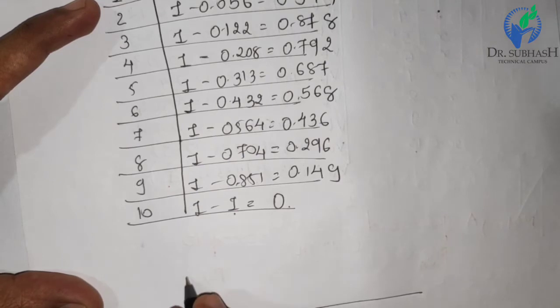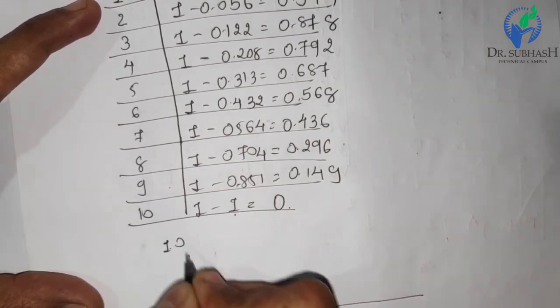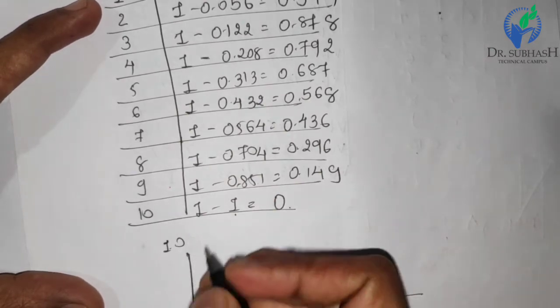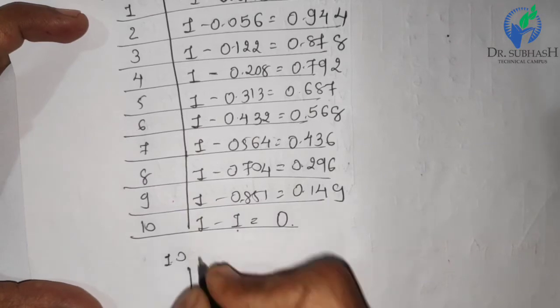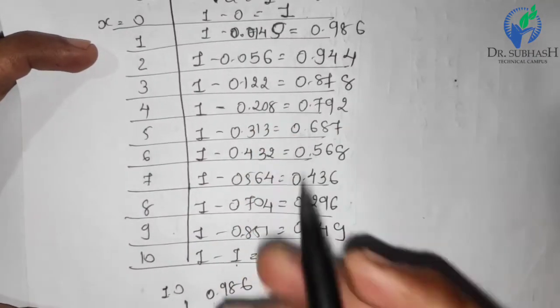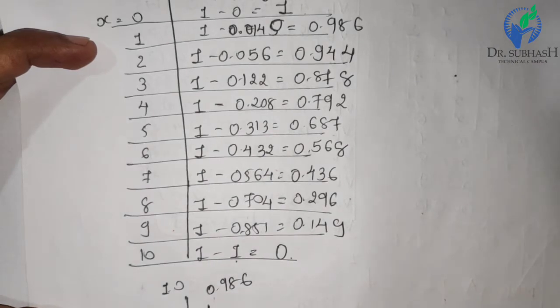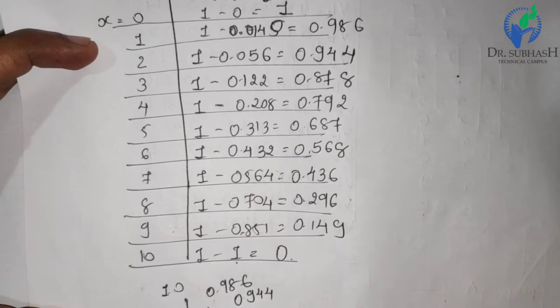So at x equal to 0, what should be the coordinate? 1. Then next, x1, what should be the coordinate? 0.986. You can refer to those coordinates. x2, what should be the coordinate? 0.944. The next 0.878.